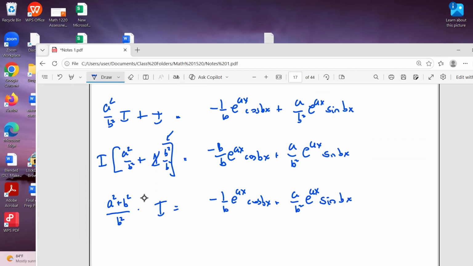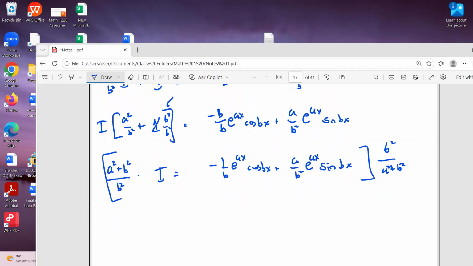And what's going to happen is I'm going to multiply everybody in this equation by b squared over a squared plus b squared. That's going to knock this piece out over here. We're just going to end up with I, that was our integral, remember, equals. Well, the b's are going to cancel, so we have negative 1 over b, a squared plus b squared, e to the ax cosine bx, plus, and again the b squareds cancel, so we have a over a squared plus b squared, e to the ax sine bx.